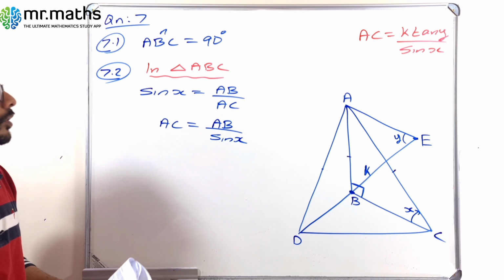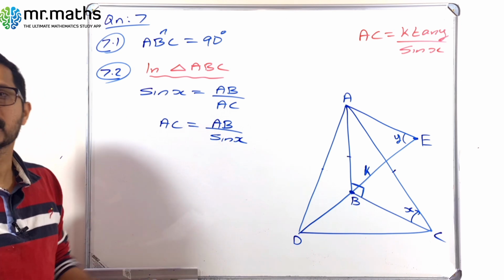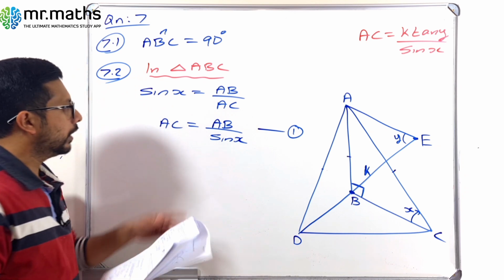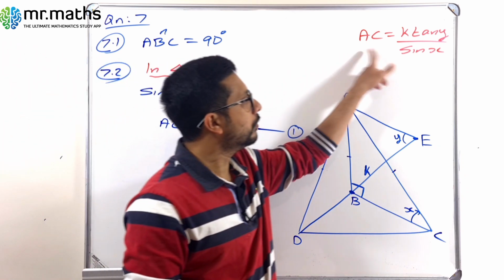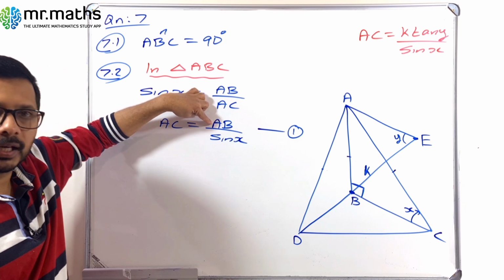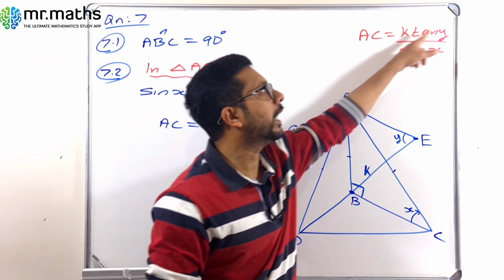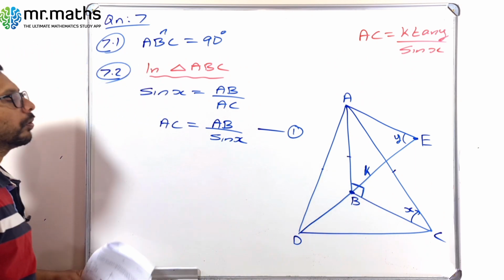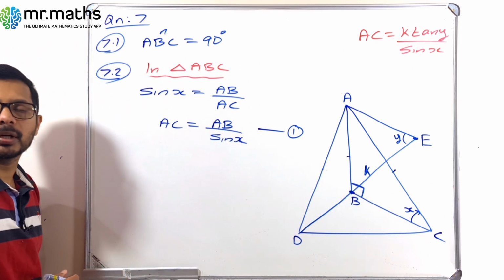So AC is equal to AB by sin X. Let me call that equation number 1. Somehow I want to show that this AB is K tan Y.